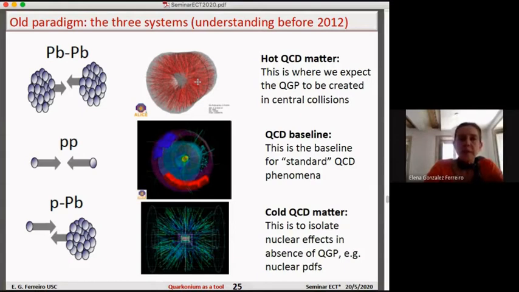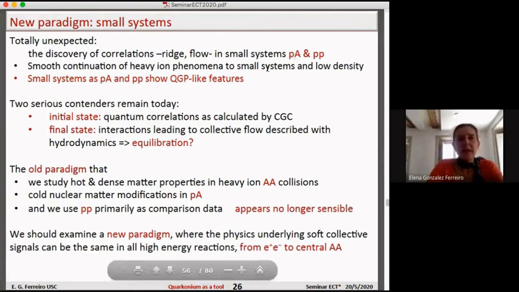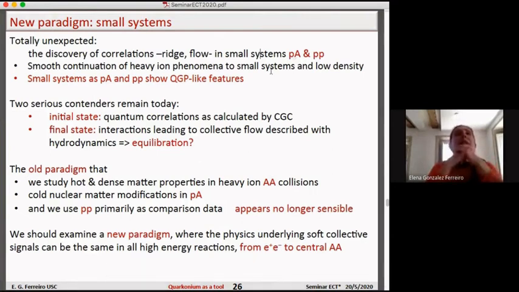The idea of a small system is that some effects, which were considered to be exclusive of nucleus-nucleus, appear in proton-nucleus and proton-proton collisions at high multiplicity. Maybe you already got some seminars, or you are working yourselves on RHIC, the flow. There are some phenomena considered to be exclusive of nuclei that appear in proton-proton at very high multiplicity.